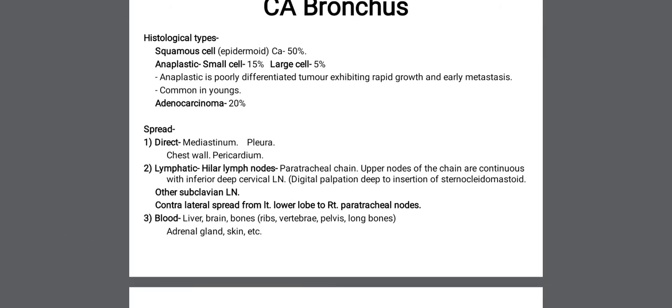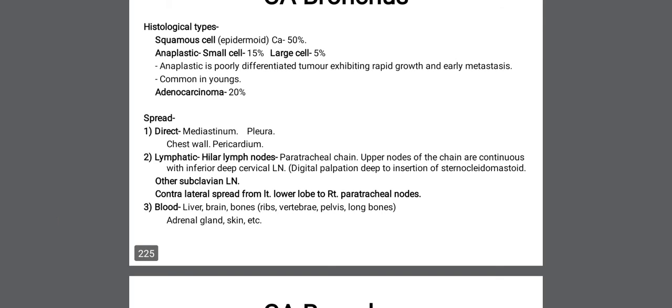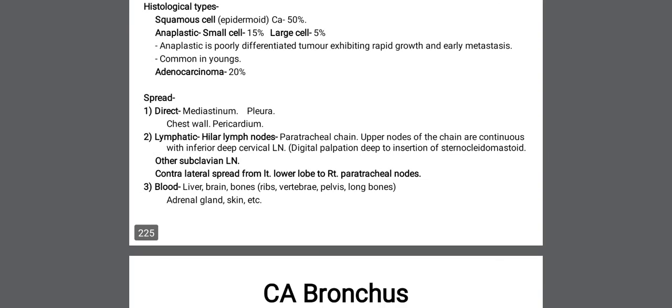Then spread of the CA bronchus. Direct spread is to the mediastinum, pleura, chest wall, and pericardium. Then lymphatic spread from hilar lymph nodes, the paratracheal chain is involved, and the upper nodes from the paratracheal chain, which is continuous with the inferior deep cervical lymph nodes.